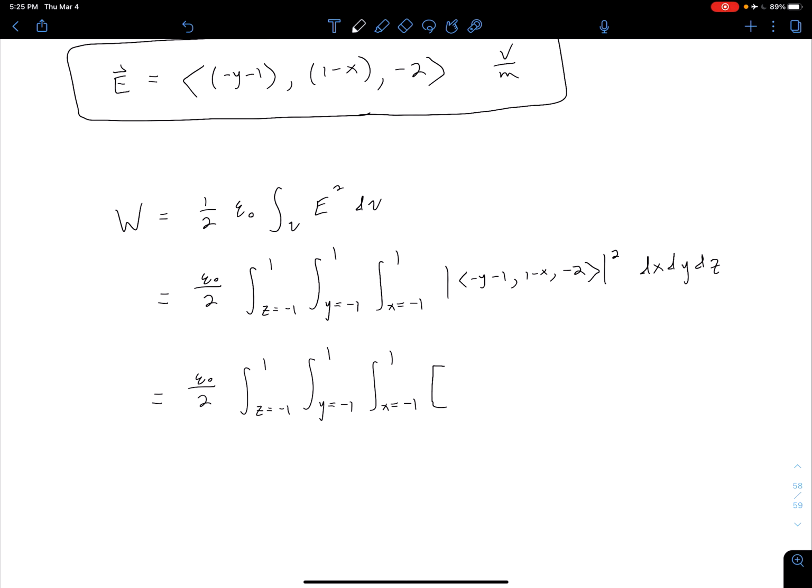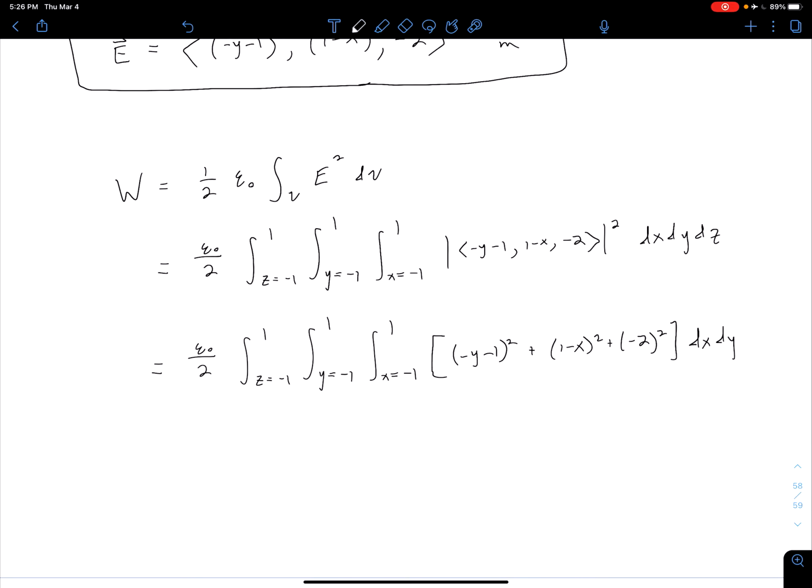Of course, magnitude would be the square root of each component squared, but because we are squaring that, we get rid of the square root. So we're going to have negative y minus 1 squared plus 1 minus x squared plus negative 2 squared. And then we still have our dV, which is dx, dy, and dz.